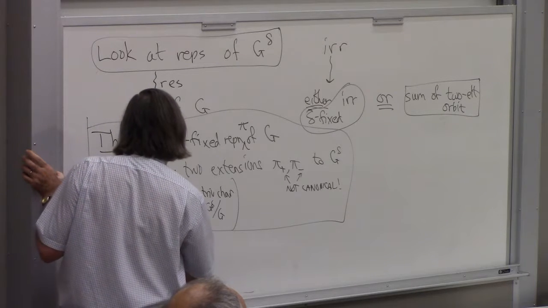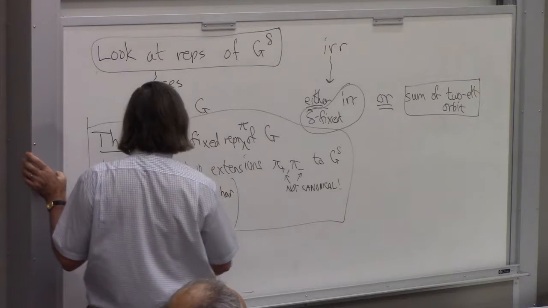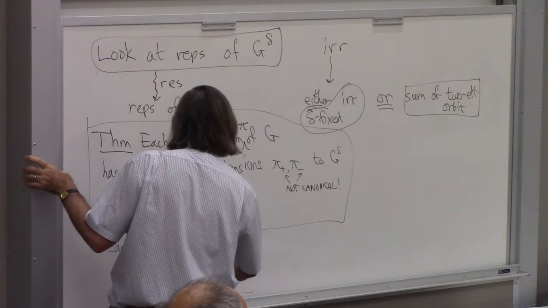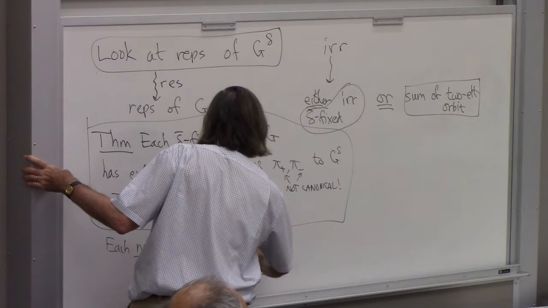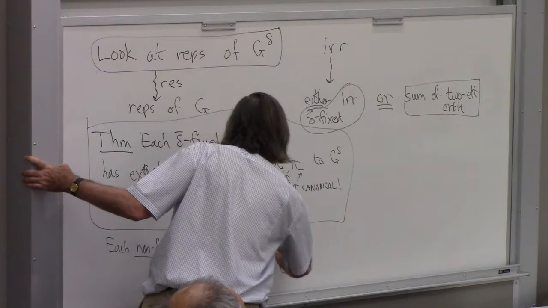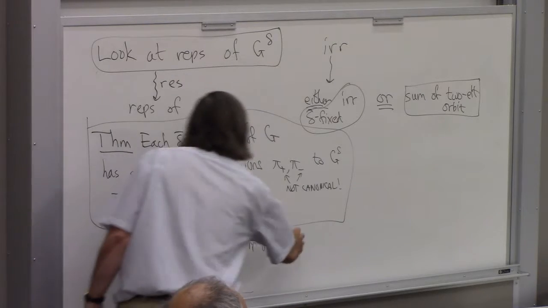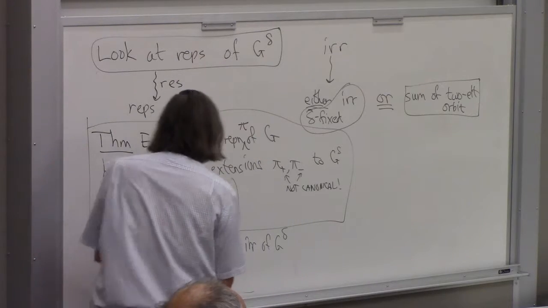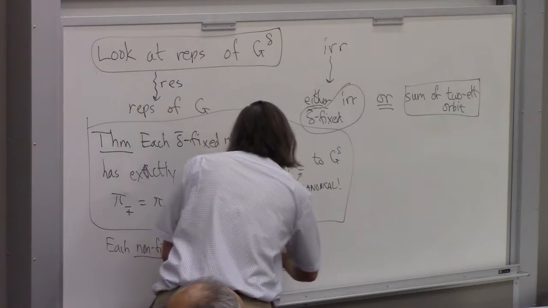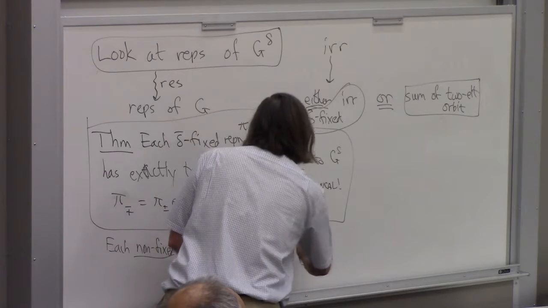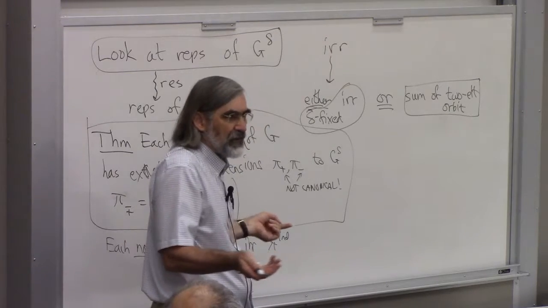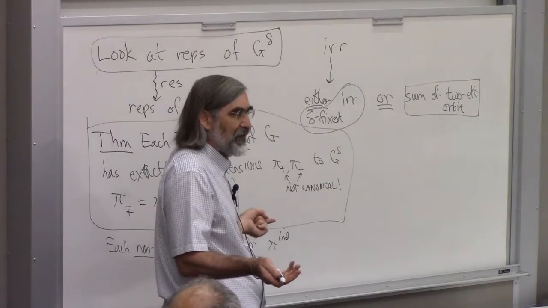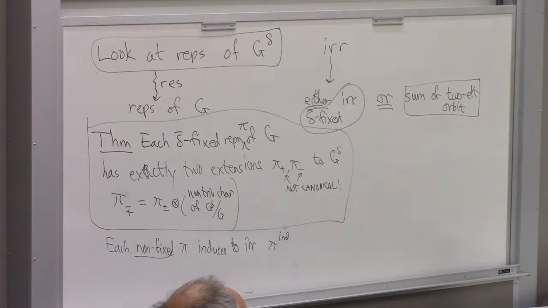And so each non-fixed pi induces irreducibly to an irreducible of G delta, an irreducible pi ind. You say non-canonical because delta is not canonical? No, just because there's no way to pick one over the other.